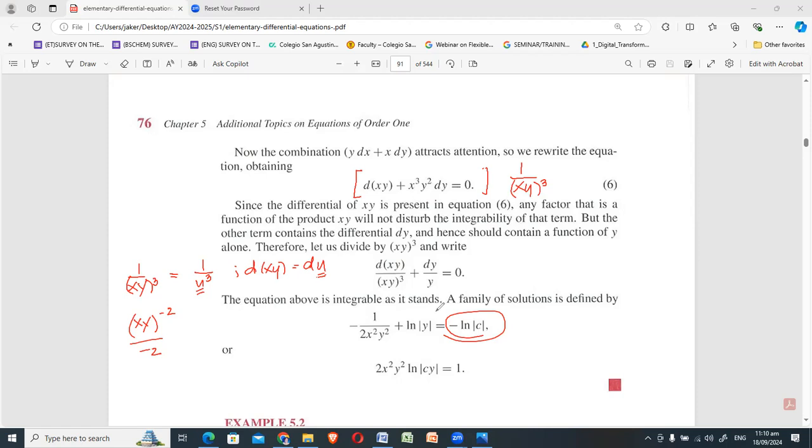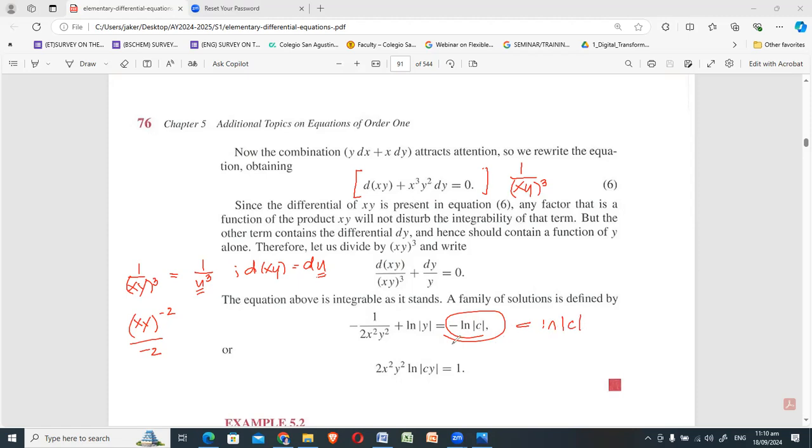But since it's c, it could either be positive or negative. It could be c raised to a positive exponent or c raised to a negative exponent. As such, there's nothing wrong if it's negative ln of c here. This is just arbitrary. In your case, you may still write just the simple ln of c.